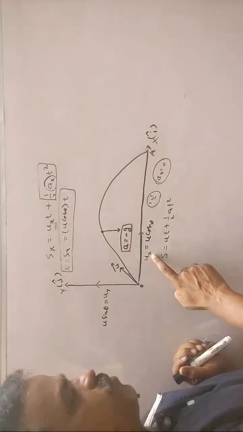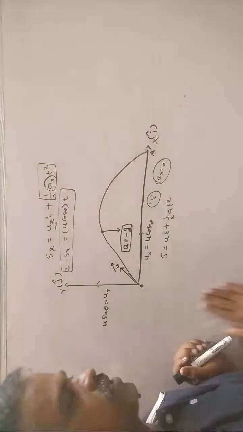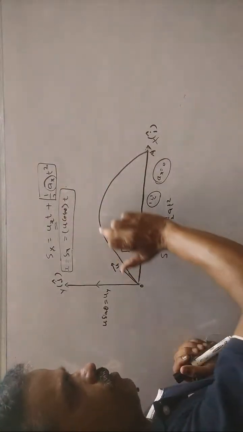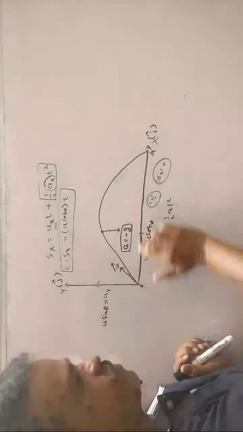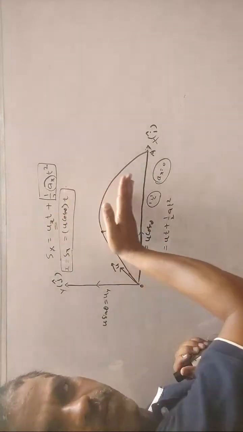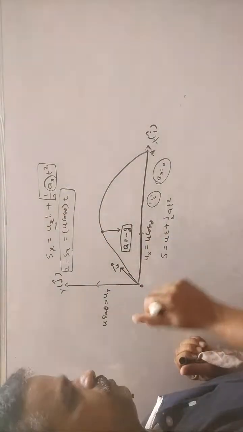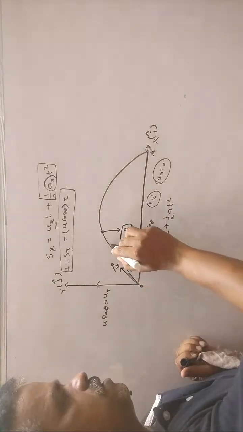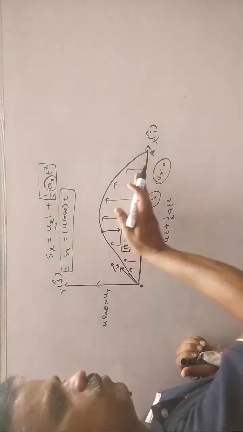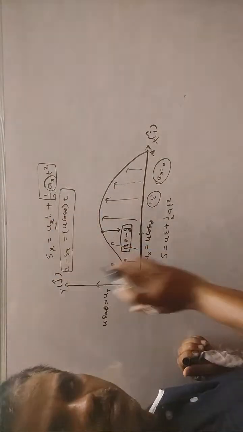So the u vector has ux component along the x-axis and uy component along the y-axis, that is u sin theta. What I want to calculate is how much the body is displaced on the x-axis. This is the displacement along the vertical, the displacement on the y-axis, how much height there is.